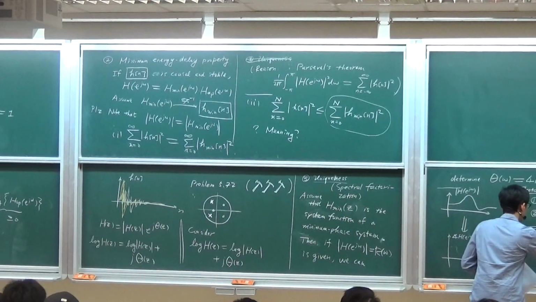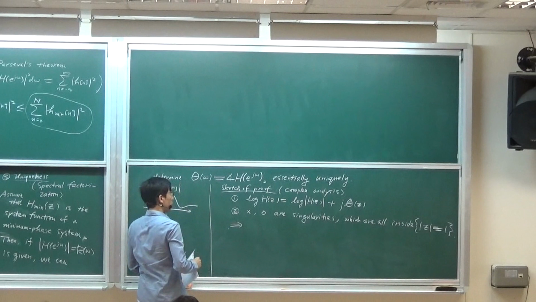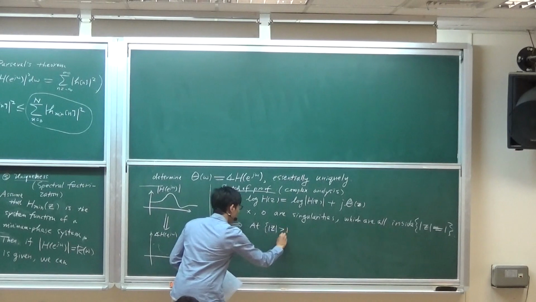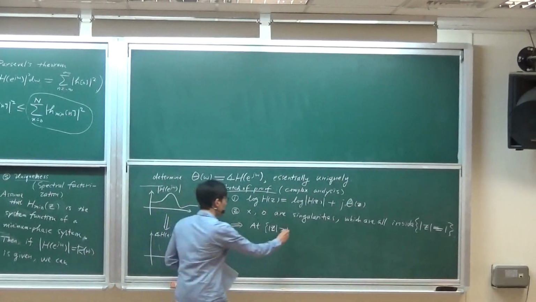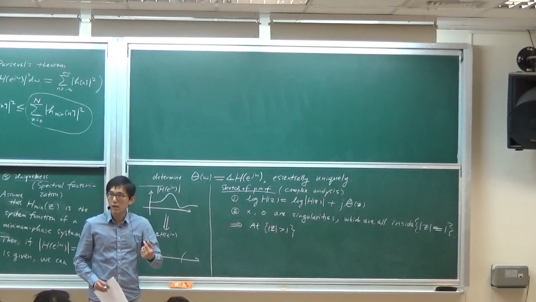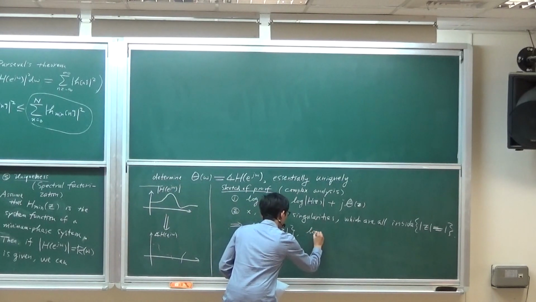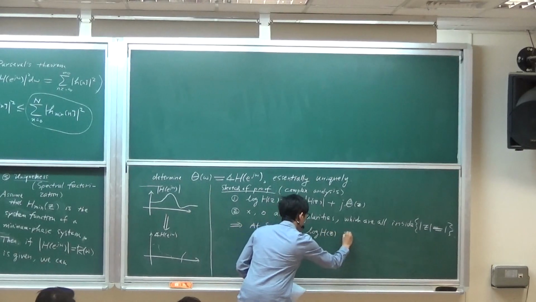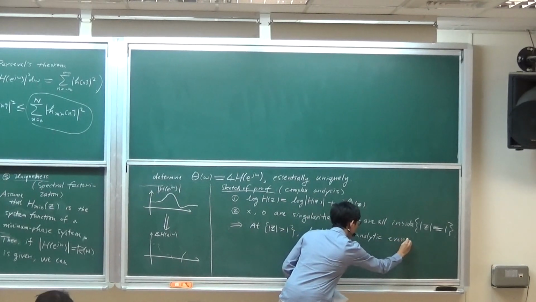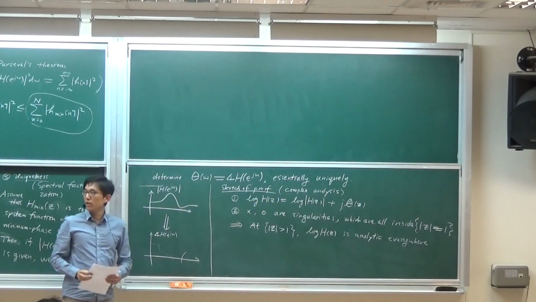Therefore, in other words, how should I say? Now, let me say therefore, at |z| greater than 1, an open region, outside the unit circle, this log of h of z function is analytic everywhere.